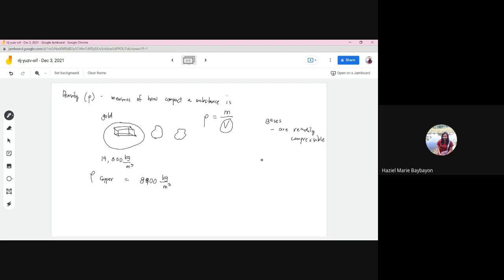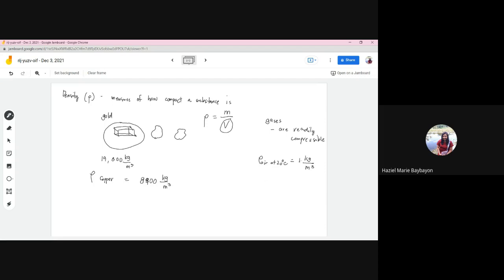So say for instance, the density of air at 20 degrees Celsius is equal to, what is the density of air at 20 degrees Celsius? 1 kilogram per meter cube? Okay. 1 kilogram per meter cube. 1.01.